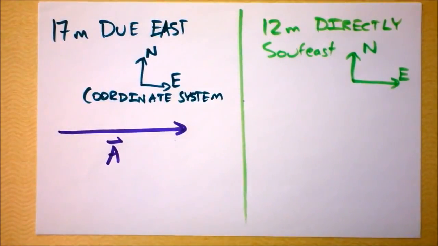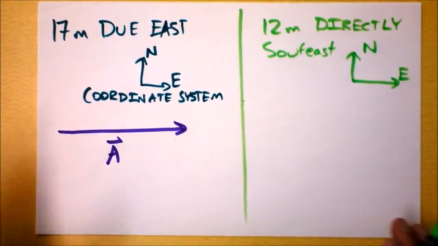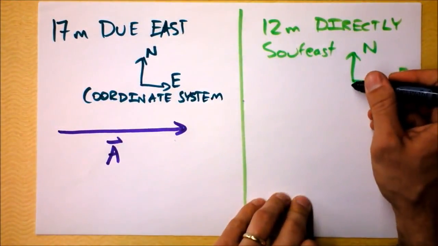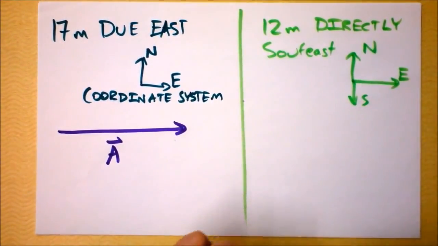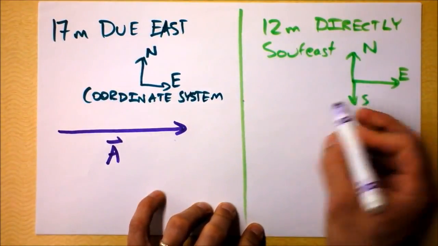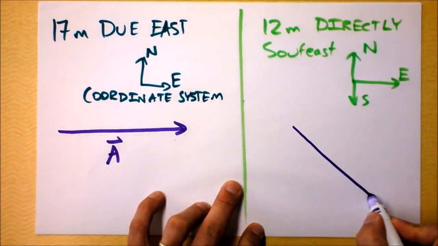Sometimes people are excited about drawing south instead. If you really need to, you can show south that way, but I'd be fine just showing north and east. Then I'd take my purple and go directly southeast, which is in between south and east, so that's like that.